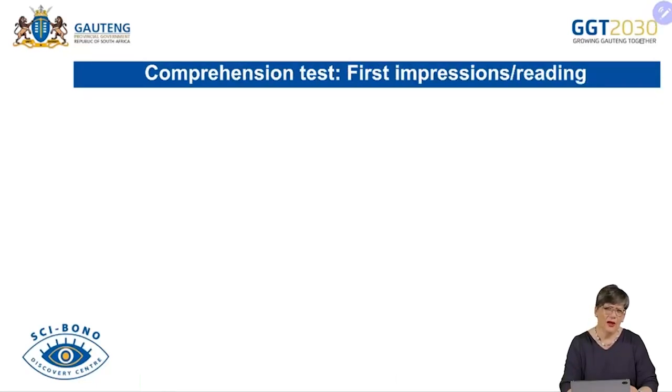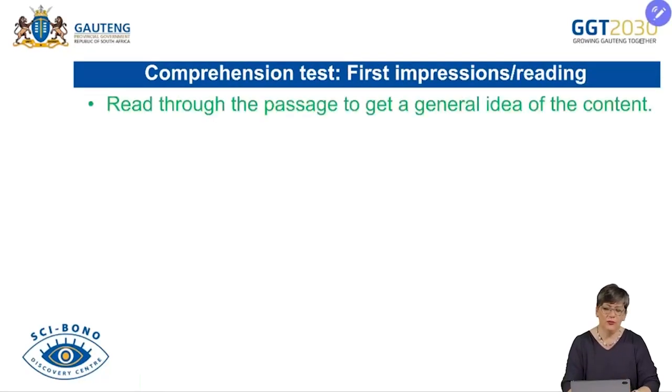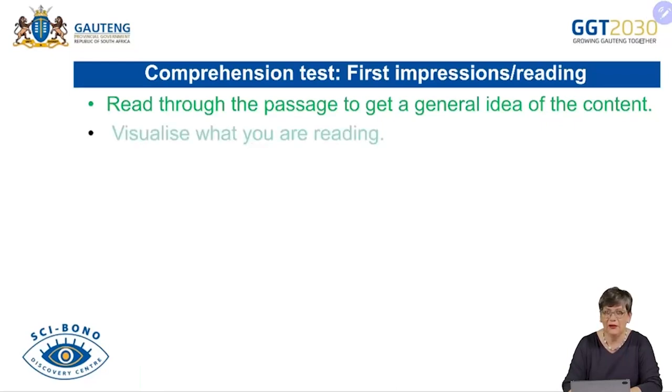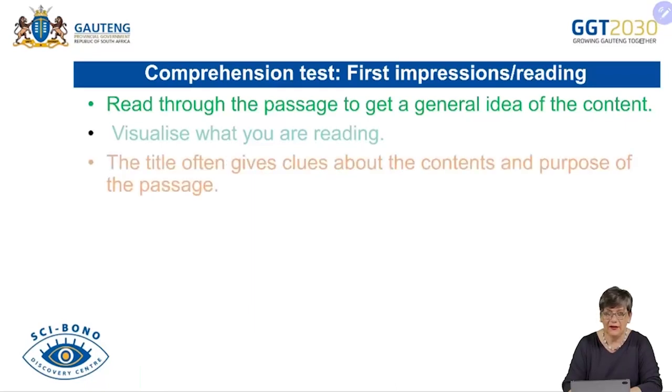Now, in your first impression of your reading, remember those 10 minutes that you have? When you read, make sure you get a good idea what the text is all about. Create a picture in your mind of what you are reading. Look out for that title.